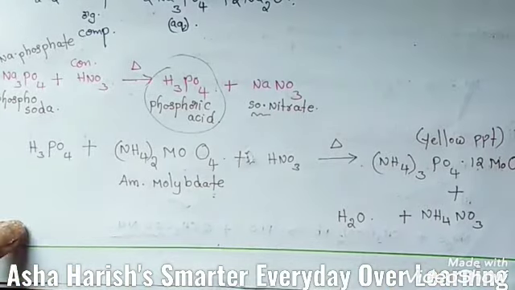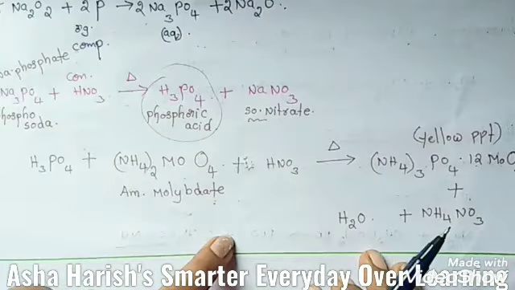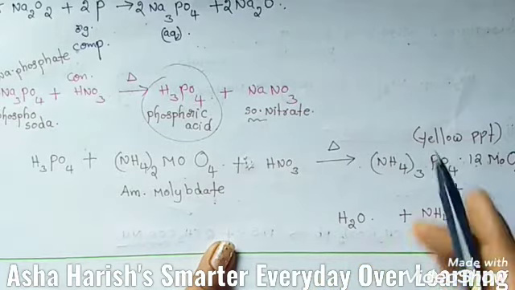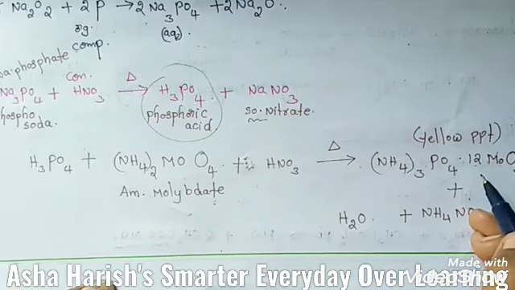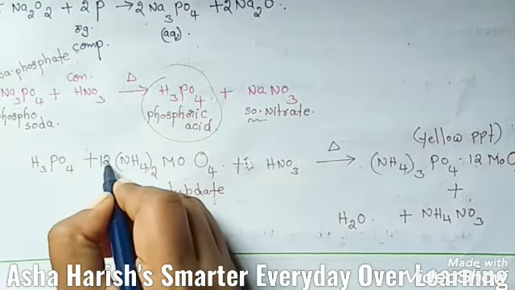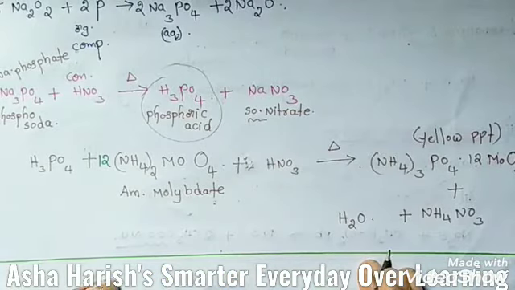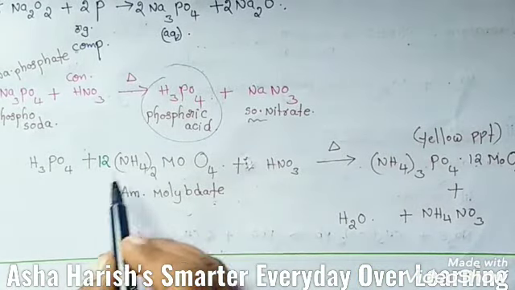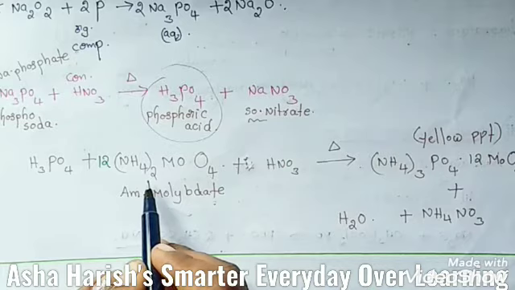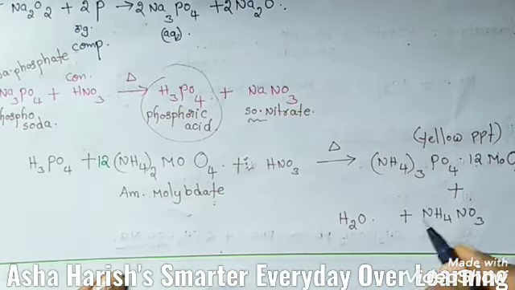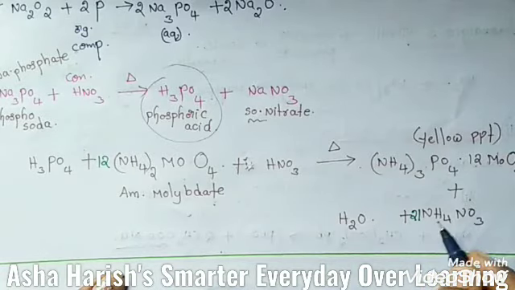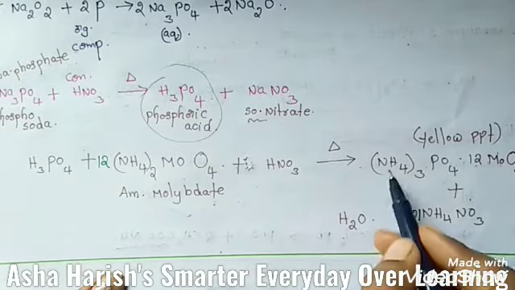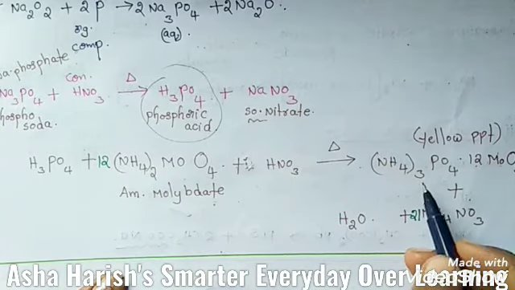Now let's see clearly while balancing this chemical equation. On the product side, in ammonium phosphomolybdate there are 12 molybdate ions, so place 12 here. Now NH4 ions: 12 to 24. Then if you place 21 here for NH4, here also 3 plus 12, right?